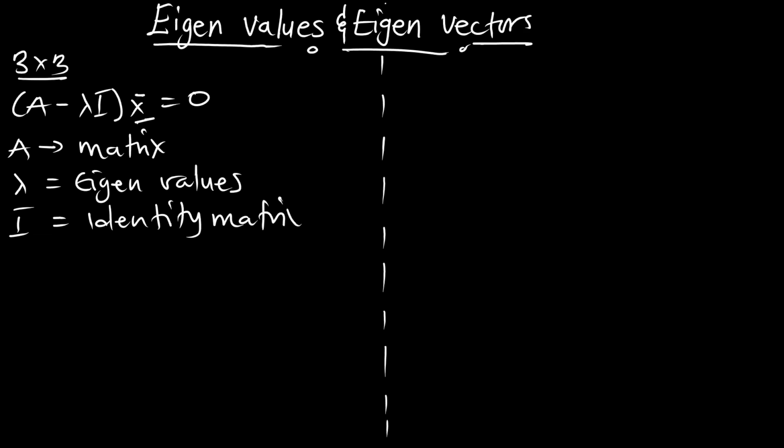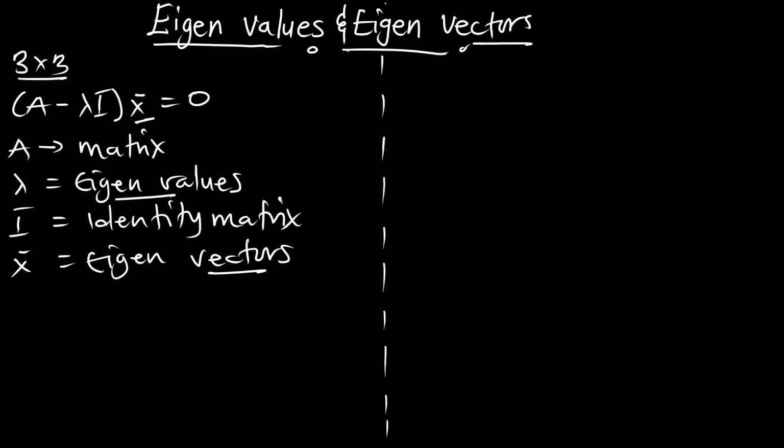We also have this as our eigenvector or the eigenvectors. Are we okay? So once we know the relation here, we can straight away find the eigenvalues or the eigenvectors.